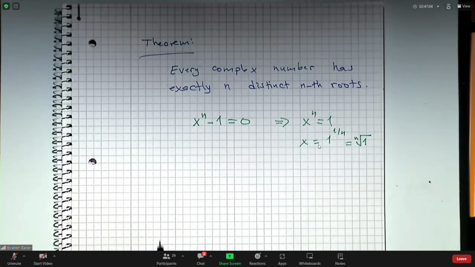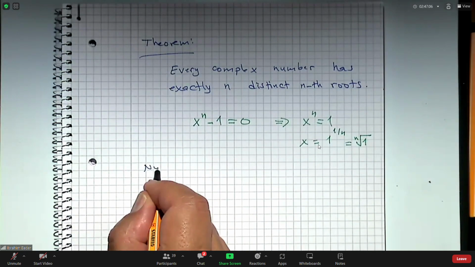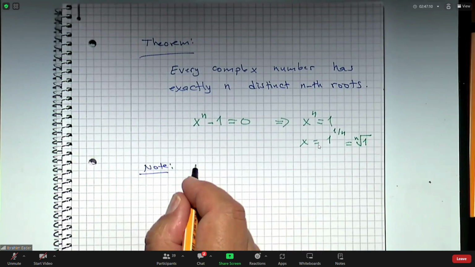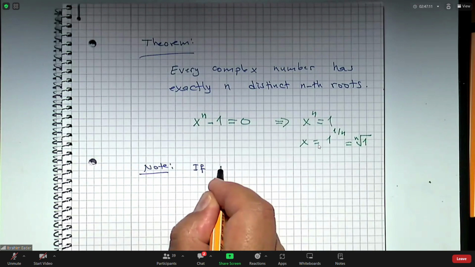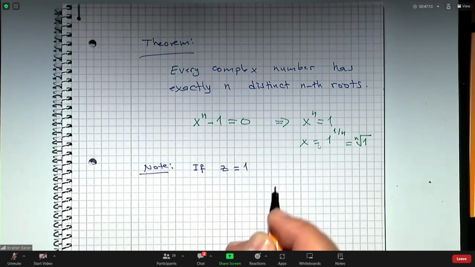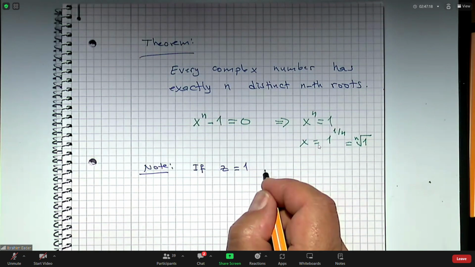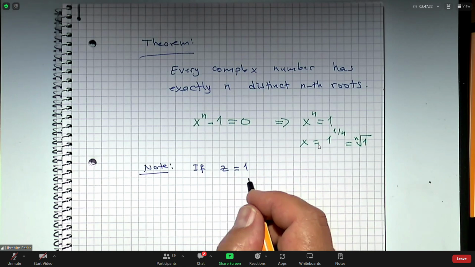Okay, note if z equals 1, we talk about the so-called root of unity.